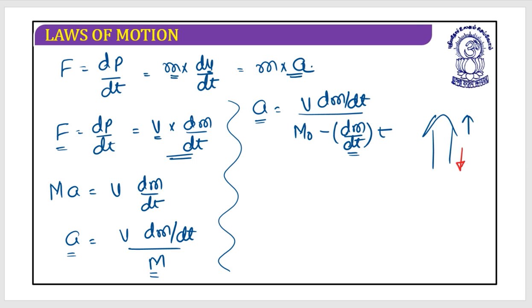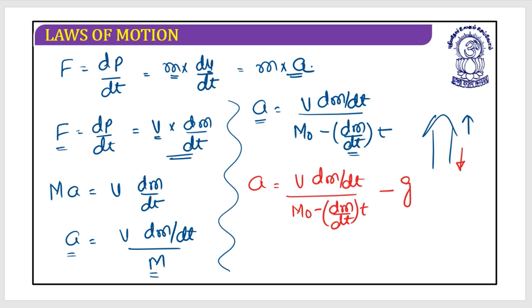If I consider the effect of gravity, I can write a = u (dm/dt) / (m₀ − (dm/dt)·t) − g. This is with the effect of gravity, the complete relation for the acceleration of this kind of system at any instant t.